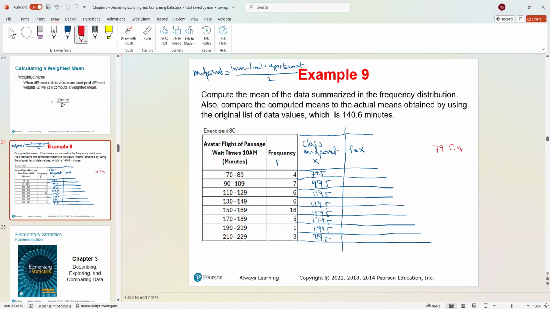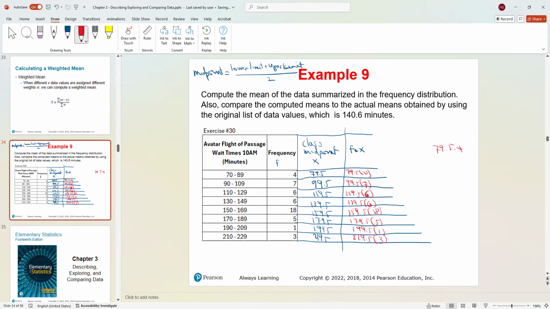I don't have all of these done separately, but one thing you need to remember: you do 79.5 times 4, 99.5 times 7, 119.5 times 6, 139.5 times 6, 159.5 times 18, 179.5 times 5, 199.5 times 1, 219.5 times 3. So that's how we're going to do it.